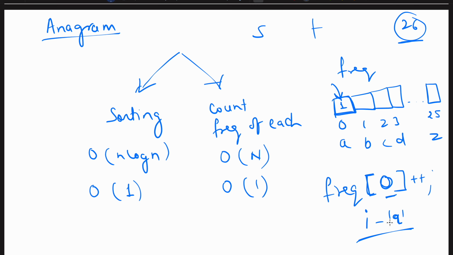If we are subtracting, a will have some ASCII value that will be subtracted from the ASCII value of the i character. i will contain some character, and its ASCII value will be subtracted from the ASCII value of small a.